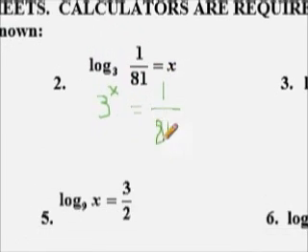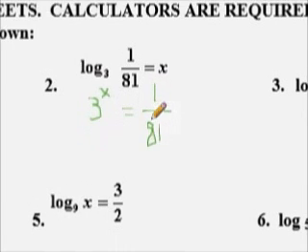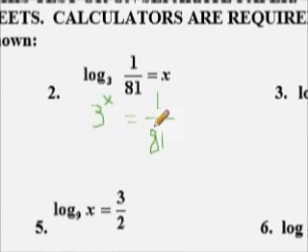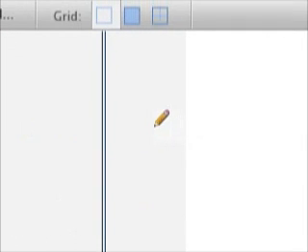What we know about 1 over 81, we're going to work with it. Let's go somewhere else. I'm going to rewrite this. Follow me.